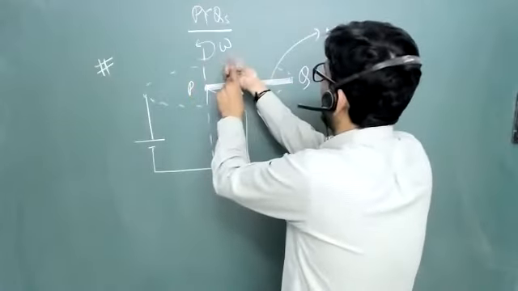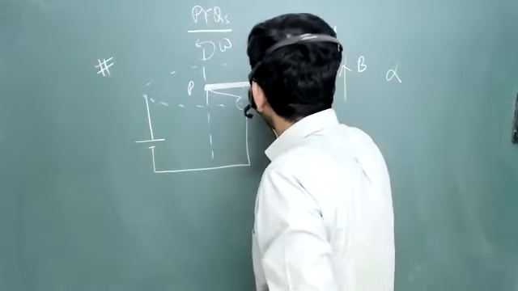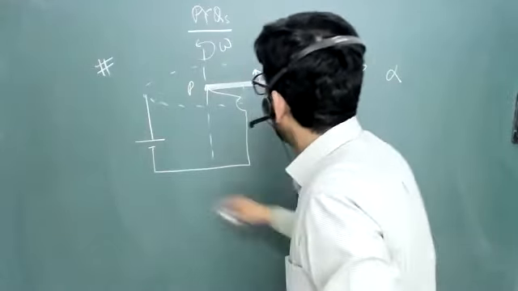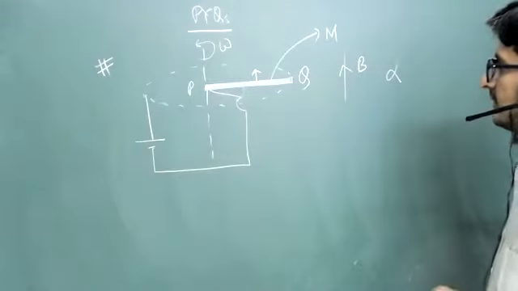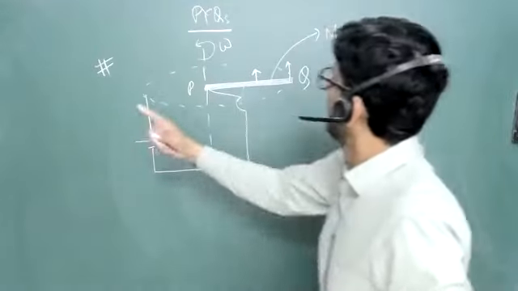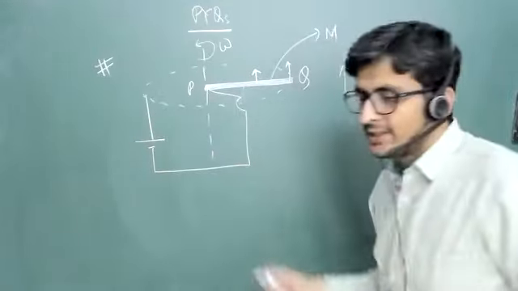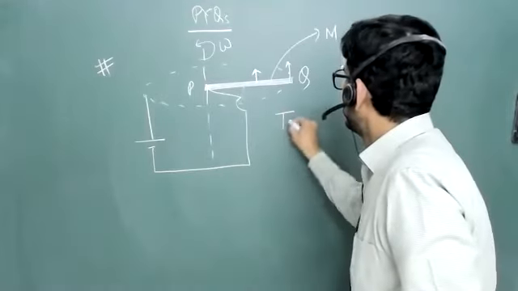So dl cross B, that means this wire will feel a force like this. It will start rotating like this. Am I right? तो ये हर पार्ट इसका एक फोर्स फील करेगा और ये इस तरीके से रोटेट करना शुरू कर देगा, और जब रोटेट करेगा इसके अबाउट, तो आई कैन कैलकुलेट द टॉर्क.